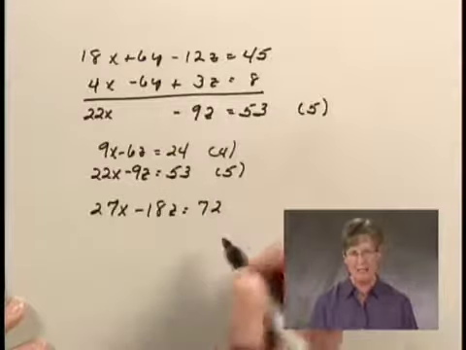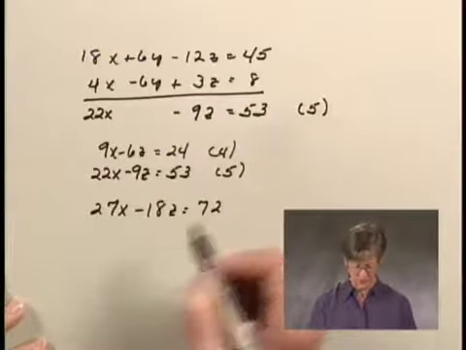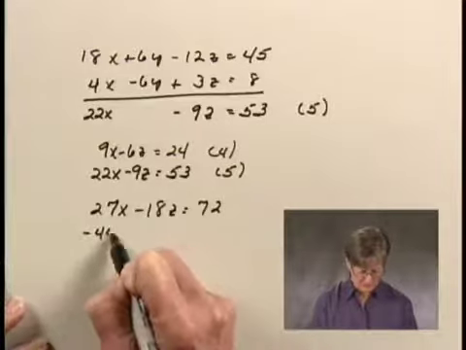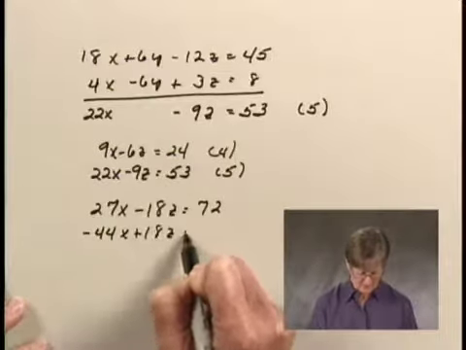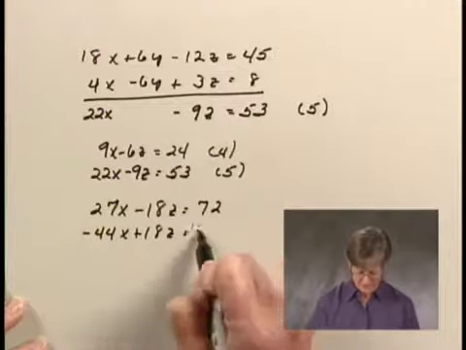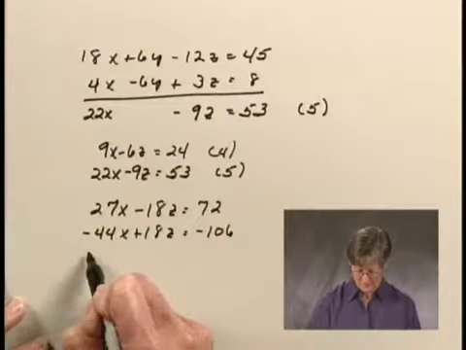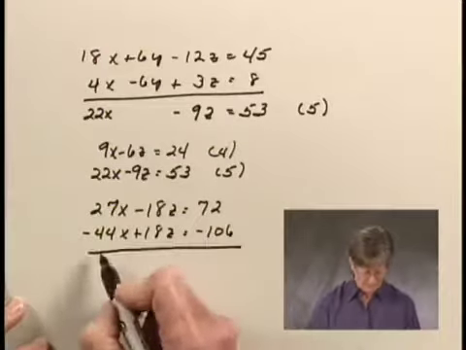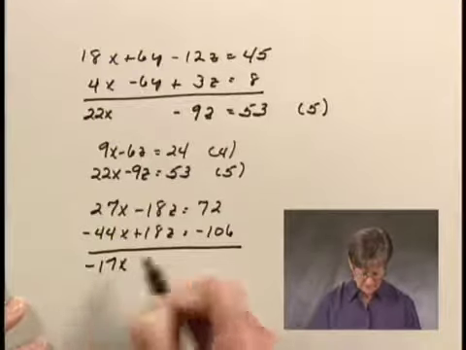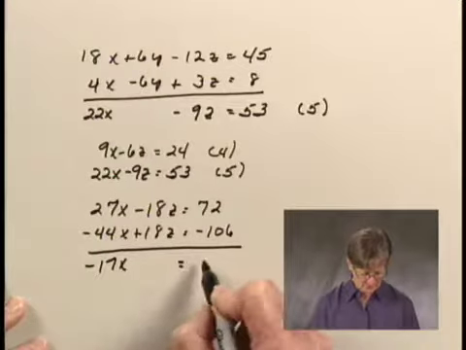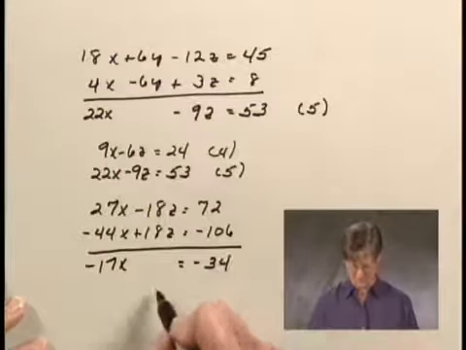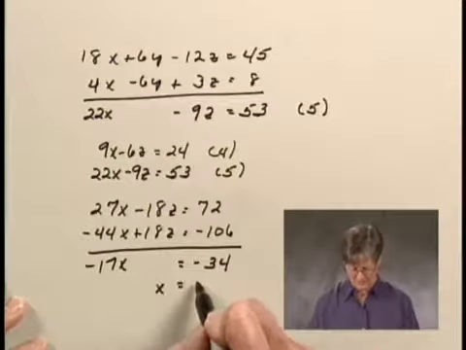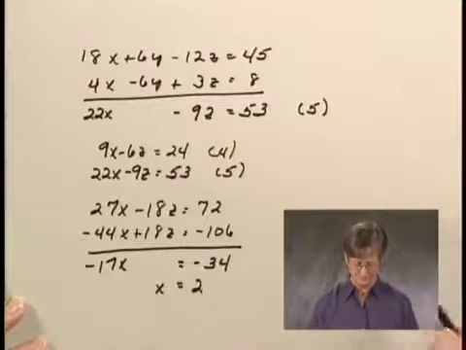And now I'm going to multiply equation 5 by negative 2, and I'll have negative 44x plus 18z is equal to negative 106. And when we add, we get negative 17x is equal to negative 34. And now if I divide both sides by negative 17, I've solved for x. I get x equals 2.